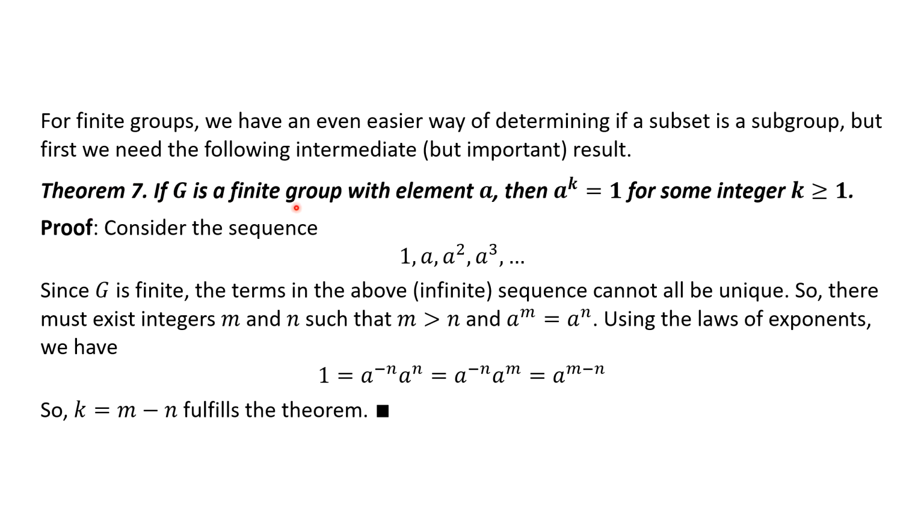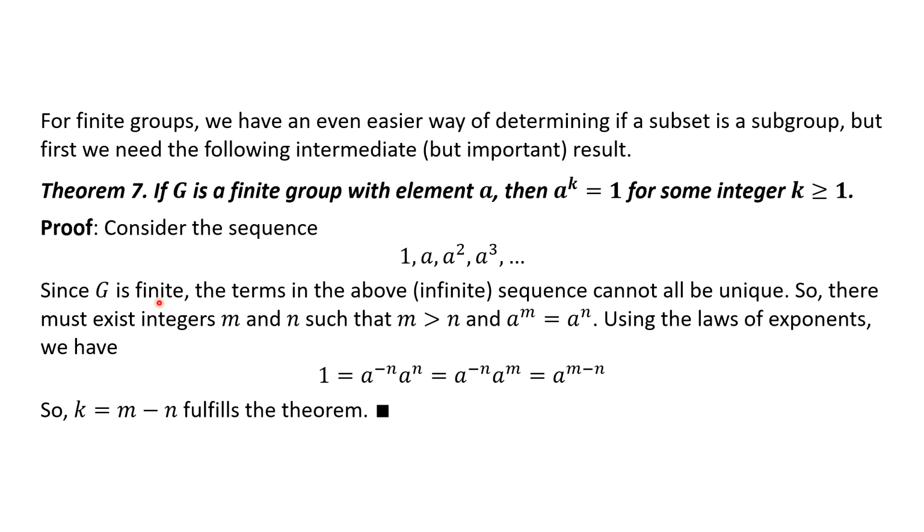So if G is a finite group, and that's key here that it's finite, with element a, then a to the k equals 1 for some integer k greater than or equal to 1. So 1 here is the identity, and 1 here is just the integer 1. So consider this sequence: 1, the identity, a, a squared, a cubed.